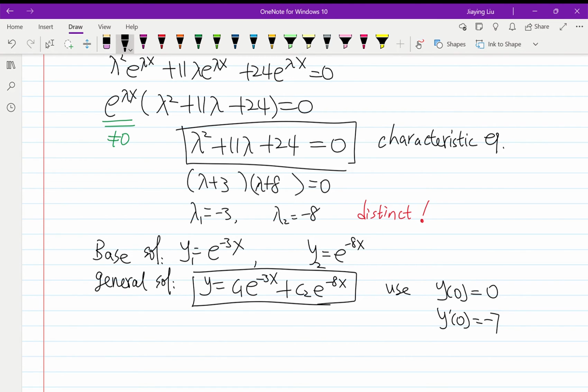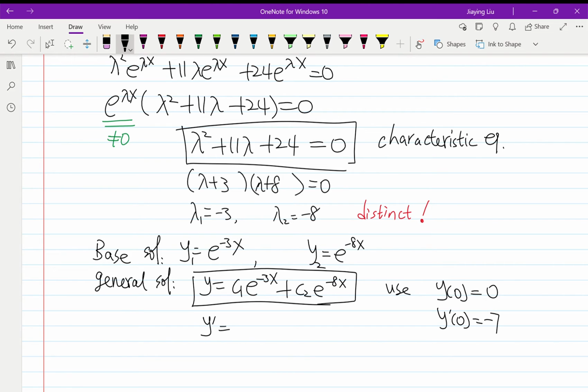For this one, we can just plug in 0 for x and 0 for y, that's fine. But the second initial condition is for the derivative. So this says when x equals 0, the derivative of y equals negative 7. So we have to find the derivative of y before we plug in this initial condition.